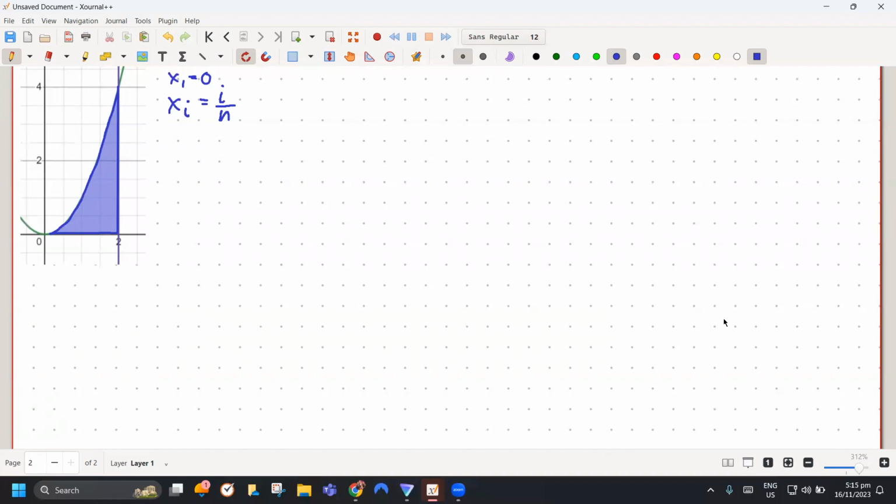Okay, now look at that expression. Does that reduce to x1 equals 0? Okay, so that's it. 1 over n. So that would be 0 plus... Now, it can't be i, because we should start at 0. Oh, i minus 1.